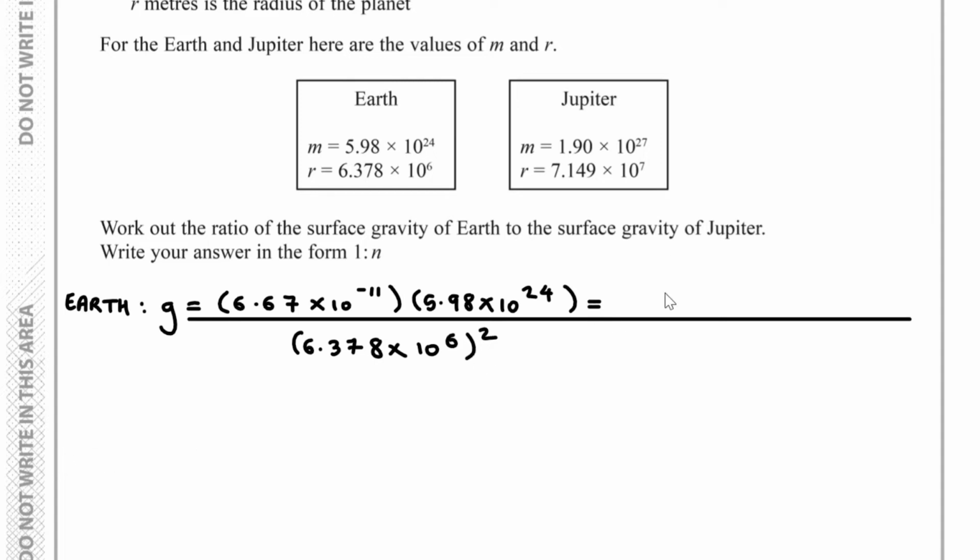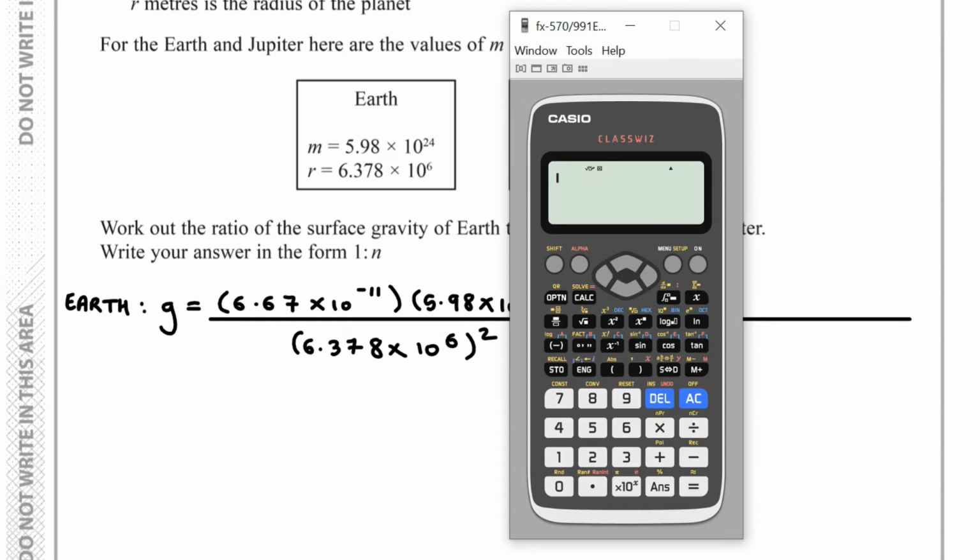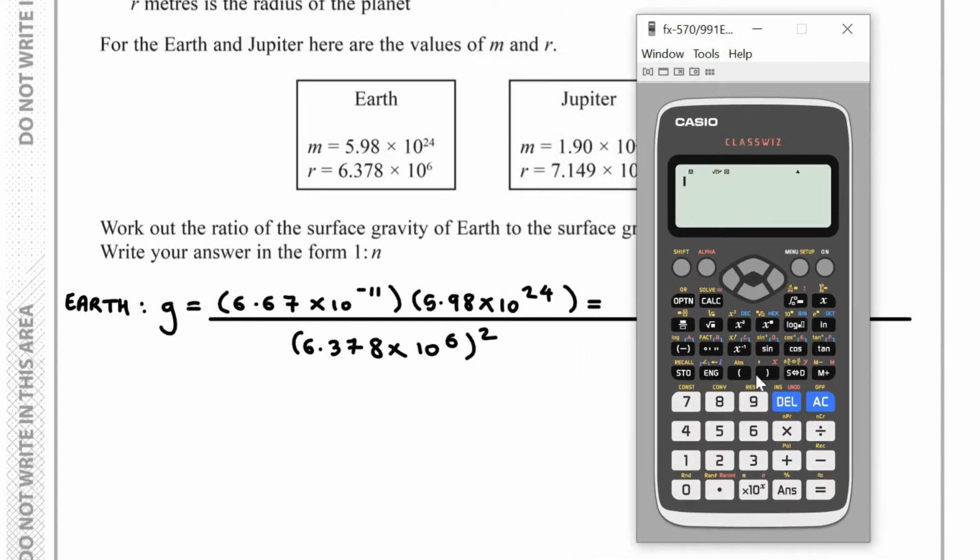So let's work out what G is. Let's type in the fraction button and then open up the bracket. Well, we've got 6.67, and then if I press this button and then minus 11, this is what's shown here, close bracket.